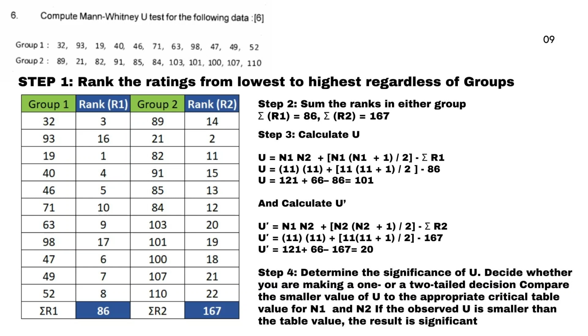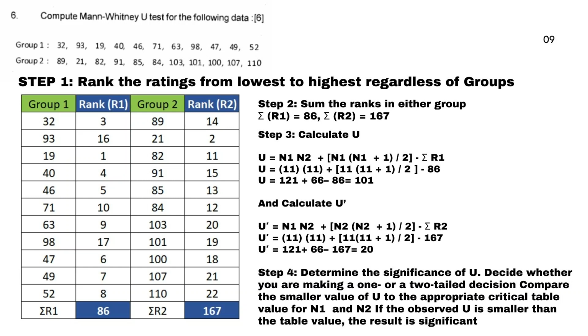So let's begin, let's solve it. Okay, so they have given you two groups, 11 samples and the scores. What I have done is taken an Excel sheet and jotted down group 1 in a vertical manner like this, the way I have shown it on the video, and then I have similarly done it for group 2.